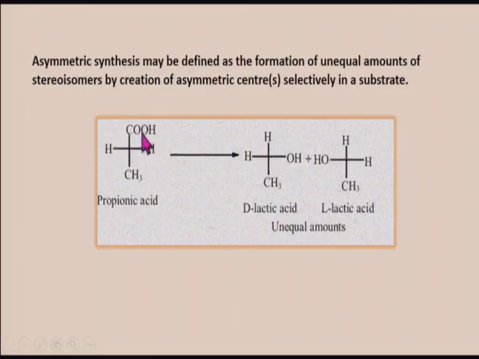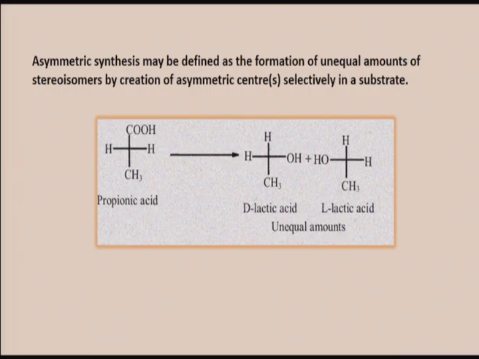Now, we will see this particular example, where propionic acid is taken. It has the acid COOH group, and below you can see the methyl group, and in the central carbon 2 hydrogens are attached. So you can see the central carbon atom does not have 4 different groups, so you cannot say it is a chiral carbon.